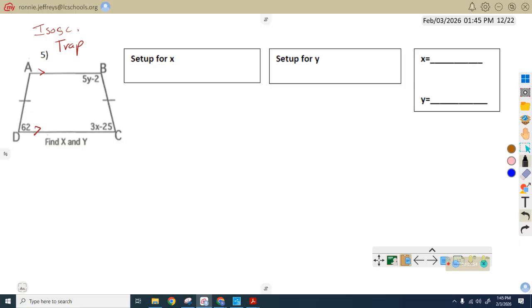Why is he picking on me? I don't like it when he picks on me and I can just play cards. That's what we do in the Grove. Now, so these two are congruent. These two are congruent.